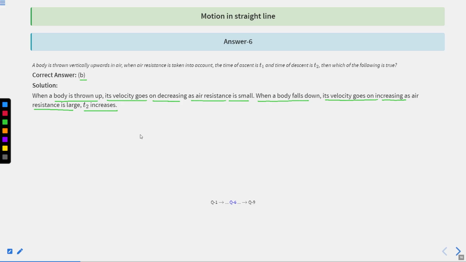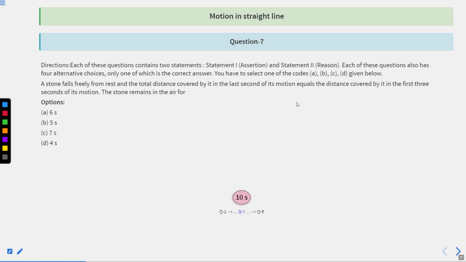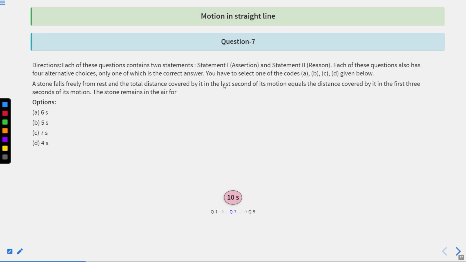Another reason is the acceleration due to gravity. Clear? Seventh question. Directions: each of these questions contains two statements. Clear? The first statement is the assertion and statement 2 is the reason.